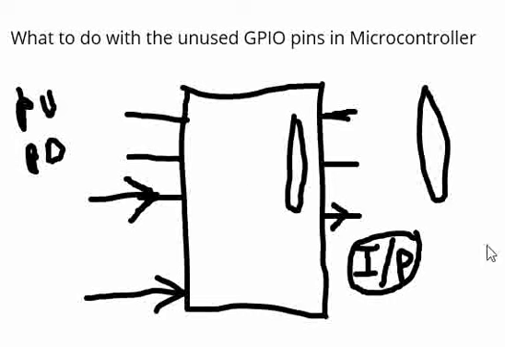Now, this is the case with input pins. Let us assume there is an output pin which is not connected anywhere in the circuit. For this particular pin, you need not do anything.